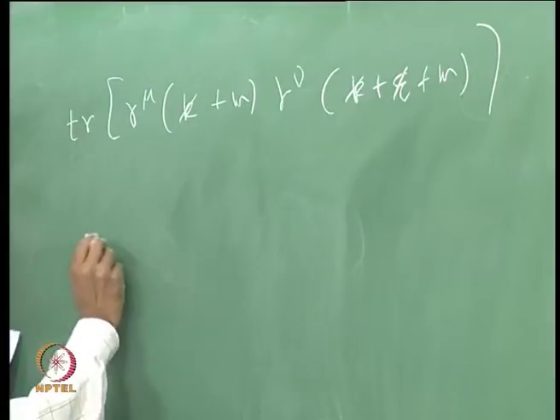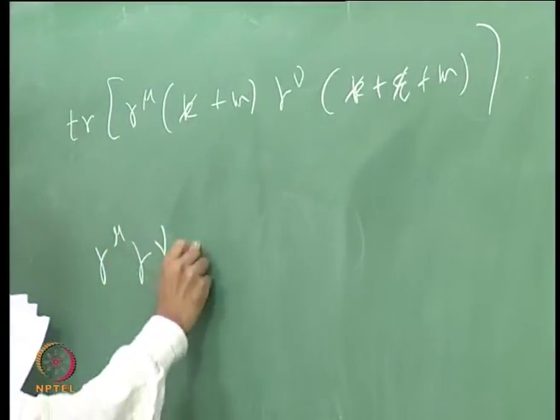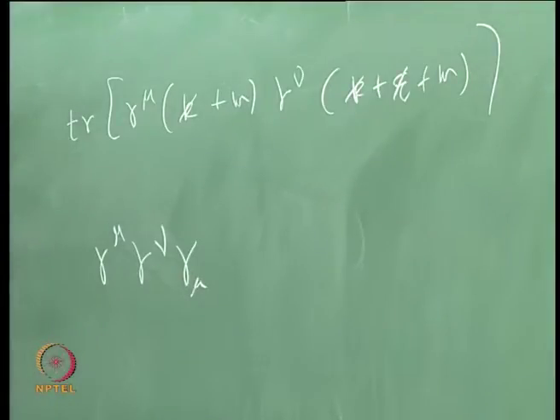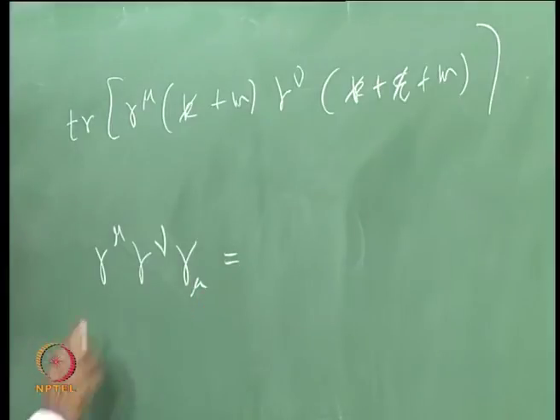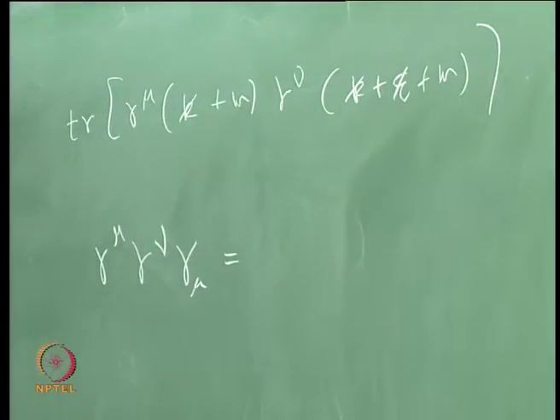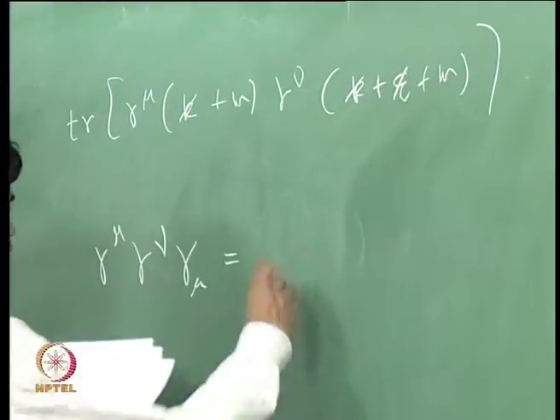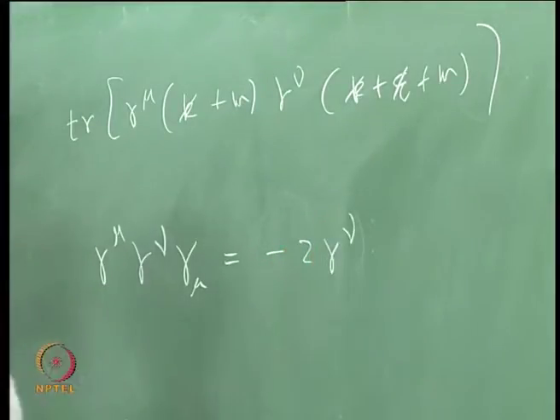for example, let us say γ^μ γ^ν γ_μ. This is one typical expression that you come across when you evaluate a trace of this kind. We have straightforwardly used this to be −2γ^ν.